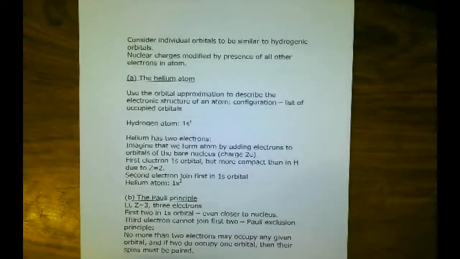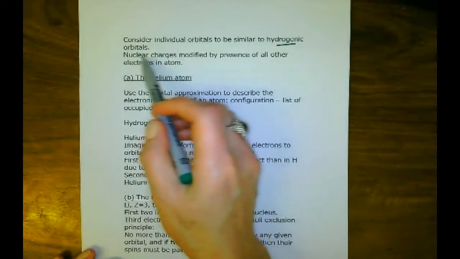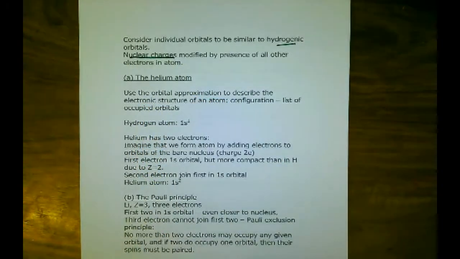So each of these orbitals are similar to the hydrogenic orbitals, but what happens in this case is that the nuclear charges are changed a little bit because of the presence of the other electrons in this atom.